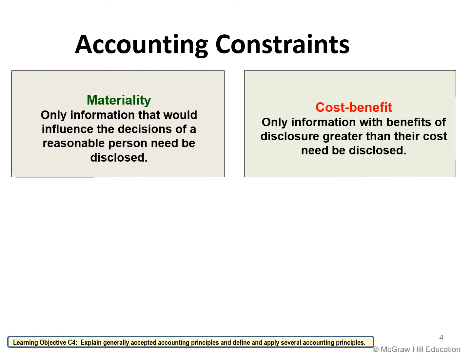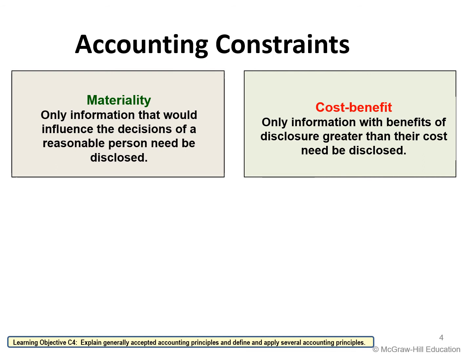Cost benefit. As it relates to information and its reporting, only information where the cost to assemble and report on is justified is going to be assembled and reported on.